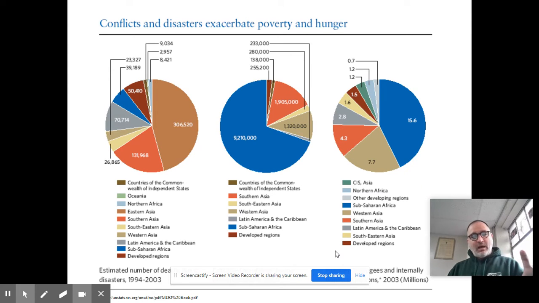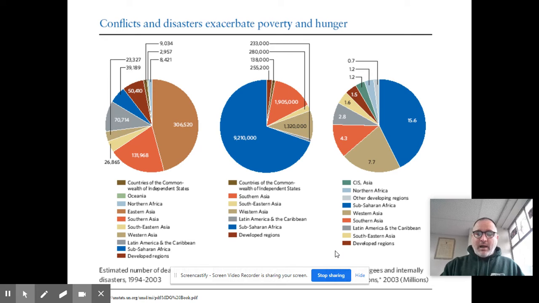And you can see, obviously, it's broken down by regions of the countries, and you see how natural disasters can displace and harm and make worse extreme poverty and hunger to the tunes of tens of thousands of people being impacted by natural disasters. The other two, the one in the middle and the one on the right, have to do with conflict and refugee status. And so the one in the middle is about conflict.